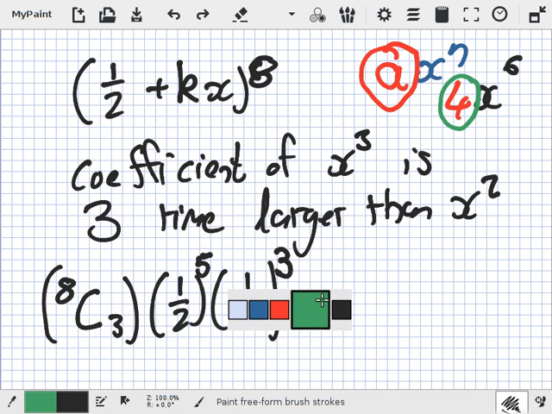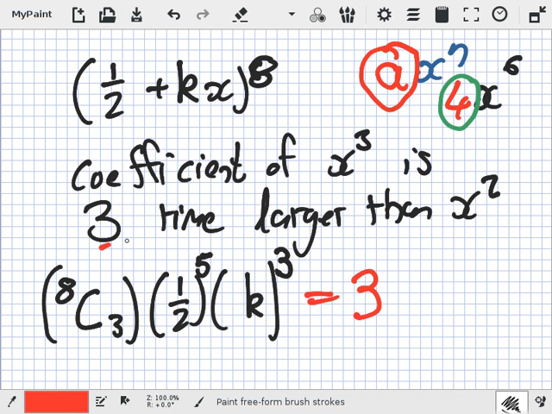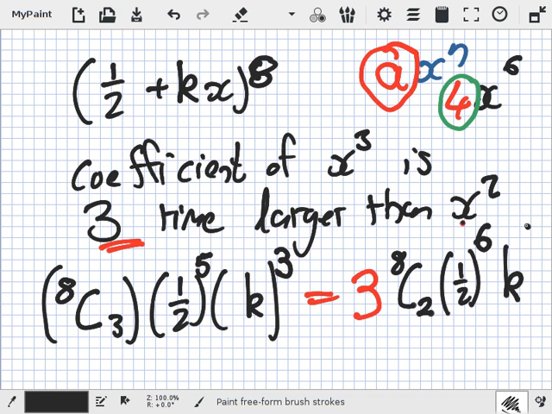And this is equal to 3 times larger than x squared. So x squared would be 8C2. Half what power? Half to the power 6, and then k, what power? 2.